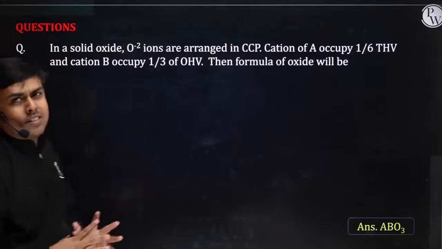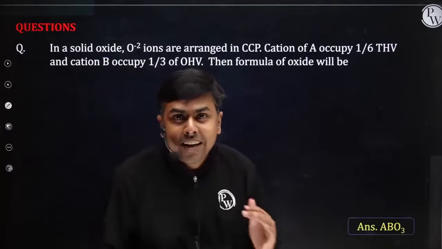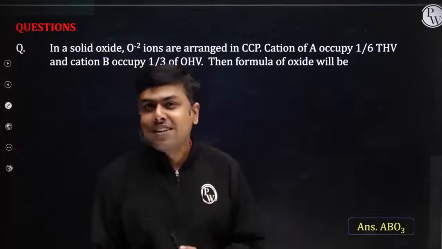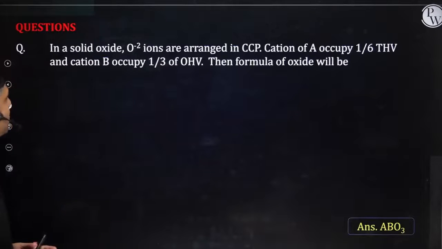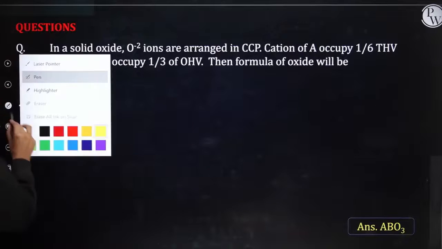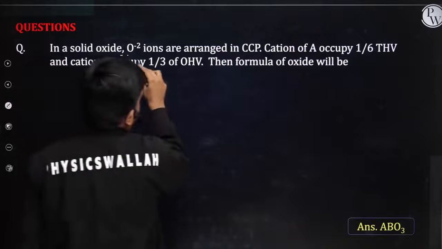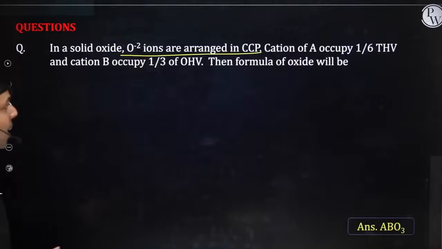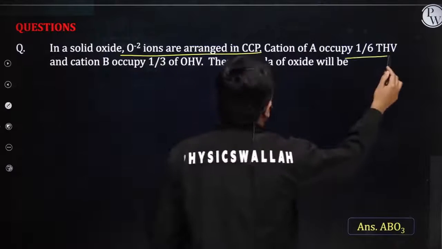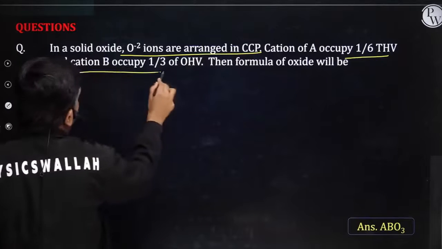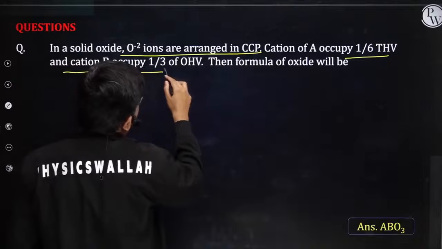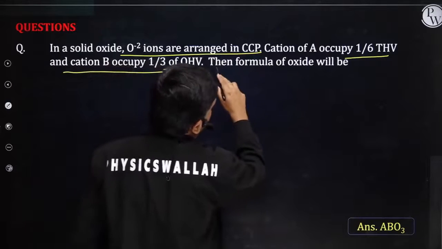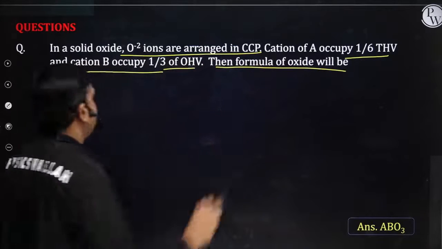Students, now let's discuss some questions related to the concept which we have discussed. In a solid oxide, O2 minus ions are arranged in CCP. Cations of A occupy 1/6 of tetrahedral voids and cation B occupies 1/3 of octahedral voids. The formula of the oxide will be?